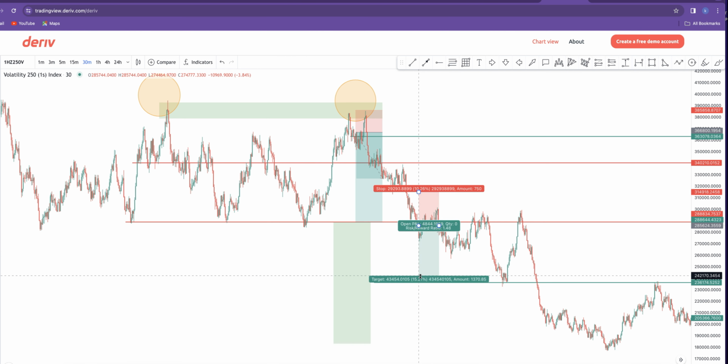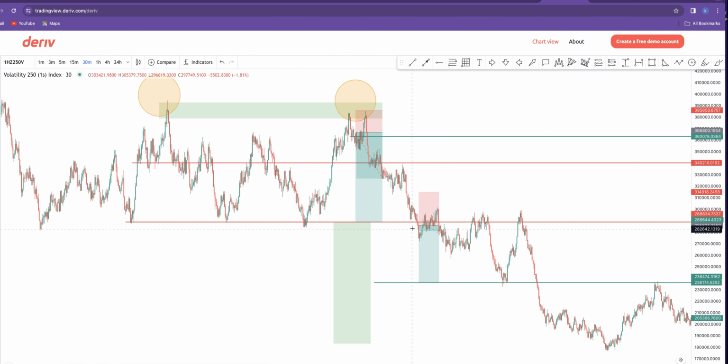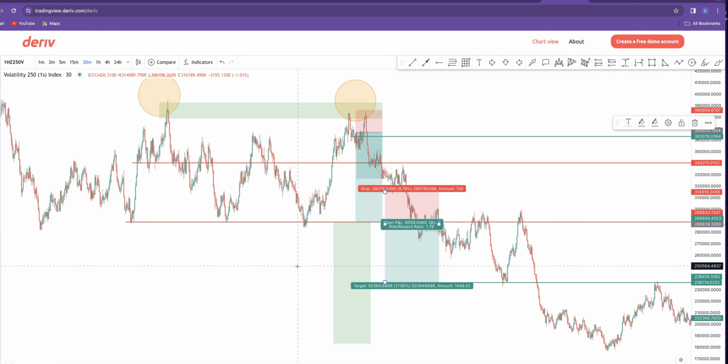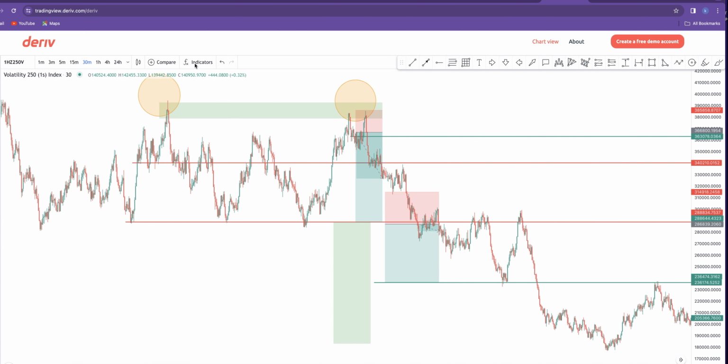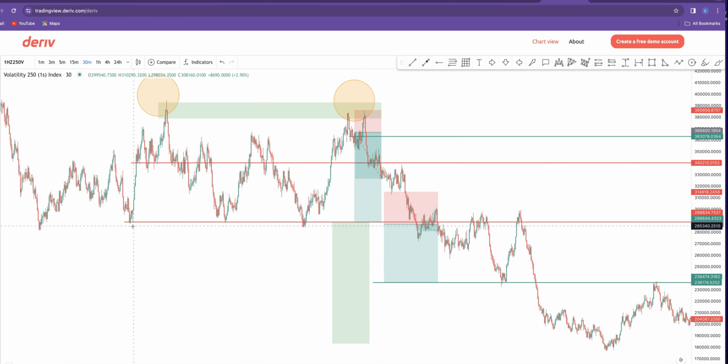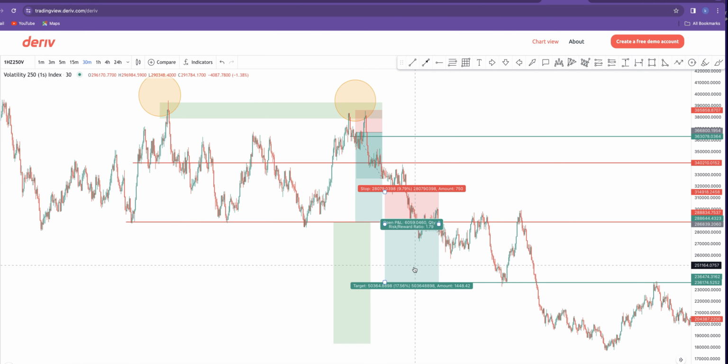So my first take profit will now be here. Do you get it? My first take profit will now be at the 50% of the box that I drew from the first top to the first leg of the neckline. So this will be my 50%.